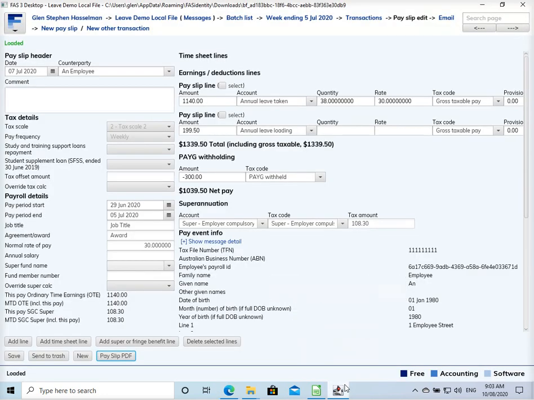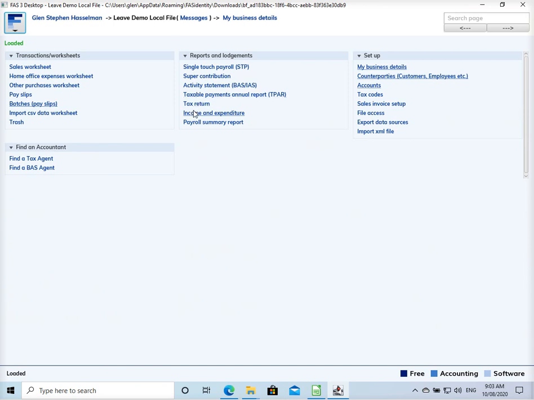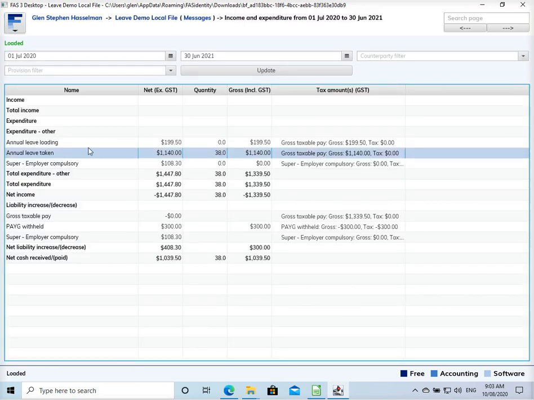Now, another important reason why you want to set up separate accounts for annual leave taken is so that when you look at your income and expenditure, you can see how much was leave. So let's say an employee terminates or resigns and you need to pay them out their leave. One piece of information you're going to need to know is how much leave they've taken.